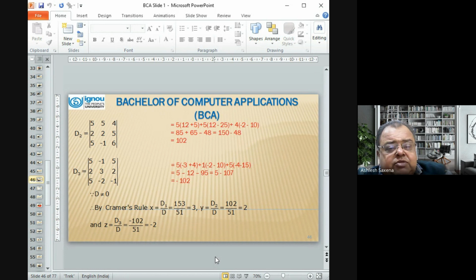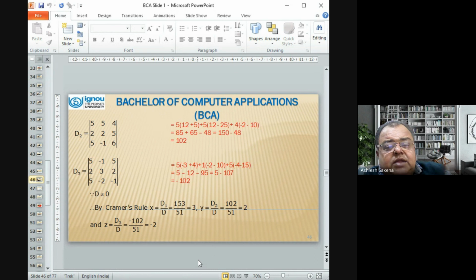Similarly, for D3, we will be replacing the coefficients of z by 5, 2, minus 1. That means now we will be changing this column. This is what we have got after replacing. Now opening up, 5 into minus 3 plus 4.